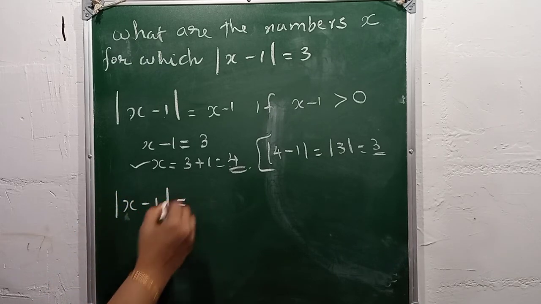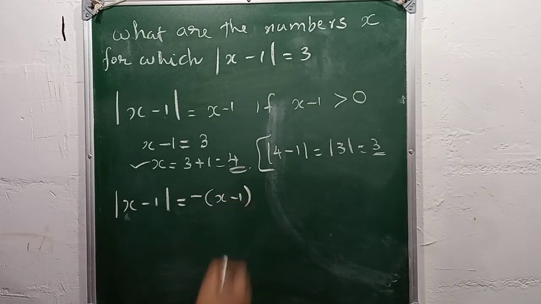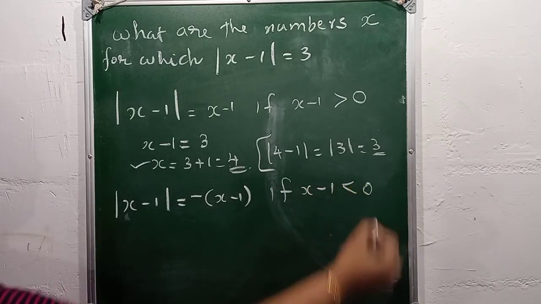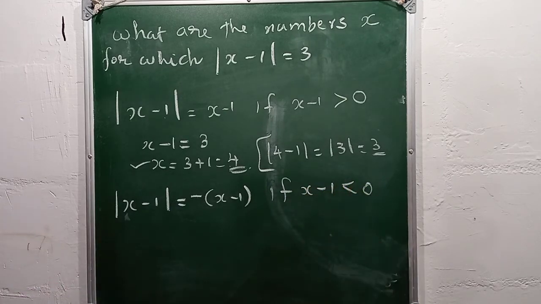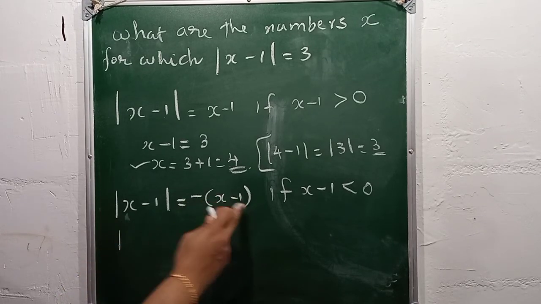And modulus of x minus 1 is minus of x minus 1 when x minus 1 is less than 0. Okay, if x minus 1 is a negative number, then modulus of x minus 1 is equal to minus of x minus 1.